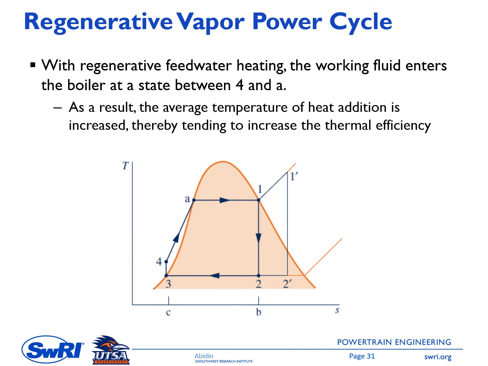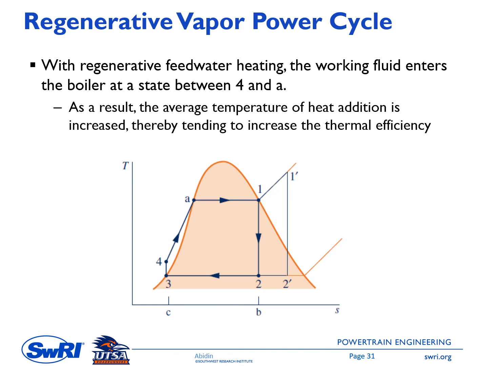Okay, the next topic for system modification to improve the performance is having a regenerative vapor power cycle. With regenerative feedwater heating, the working fluid enters the boiler at a state between 4 and a.